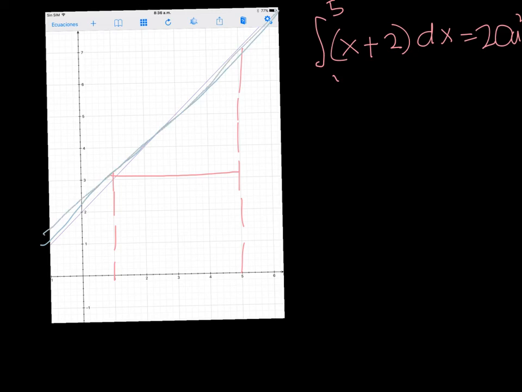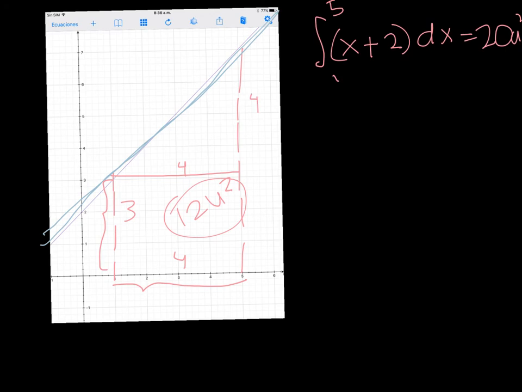So let's obtain it. If you can count, this is a rectangle whose base is 4 and whose height is 3. So the area of this rectangle will be 4 times 3, 12 units squared. And then we have a triangle whose base is 4 and whose height is 4 also.